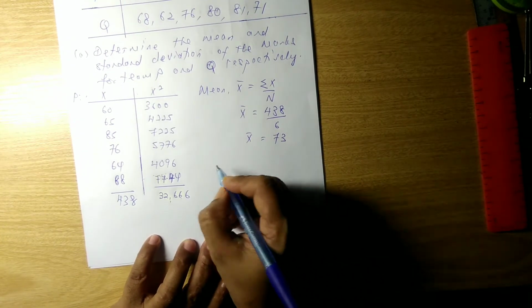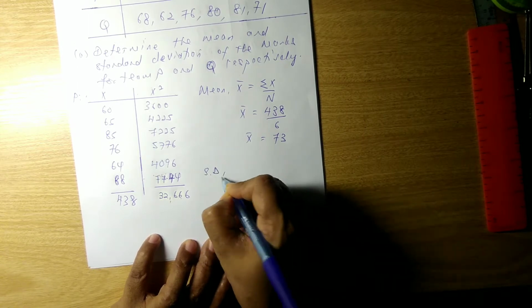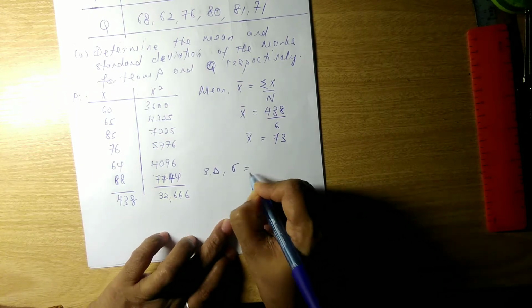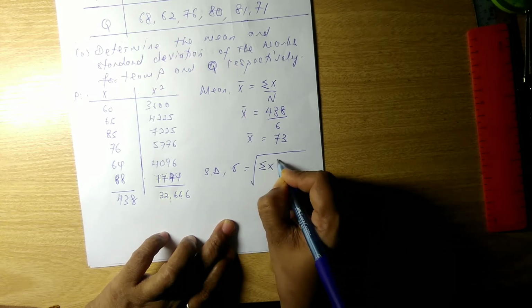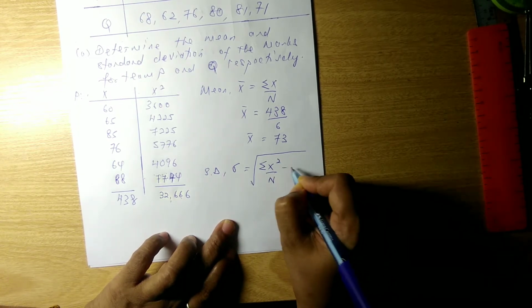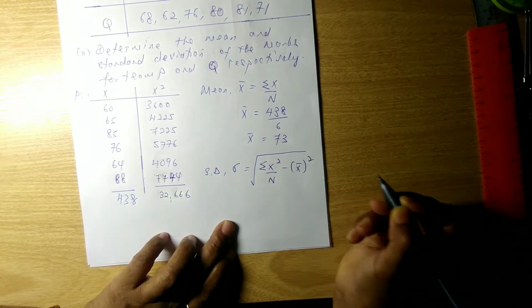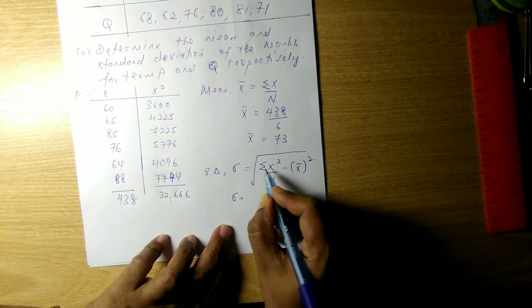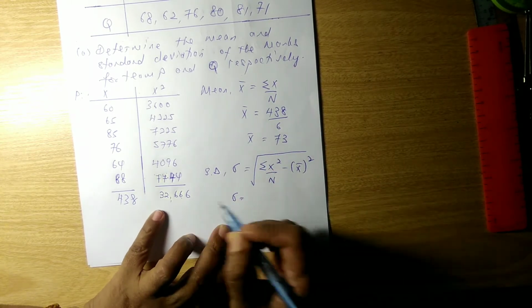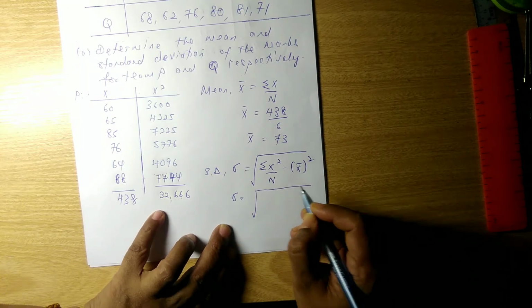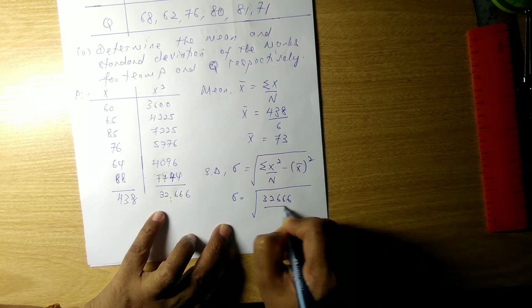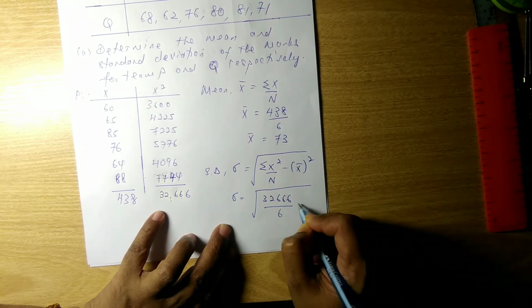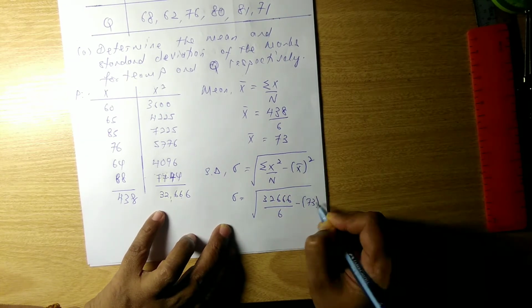Now we go for the standard deviation. Standard deviation is the square root of the summation of x squared over n minus the mean squared. So this is what we got here: 32666 over n minus 73 squared.